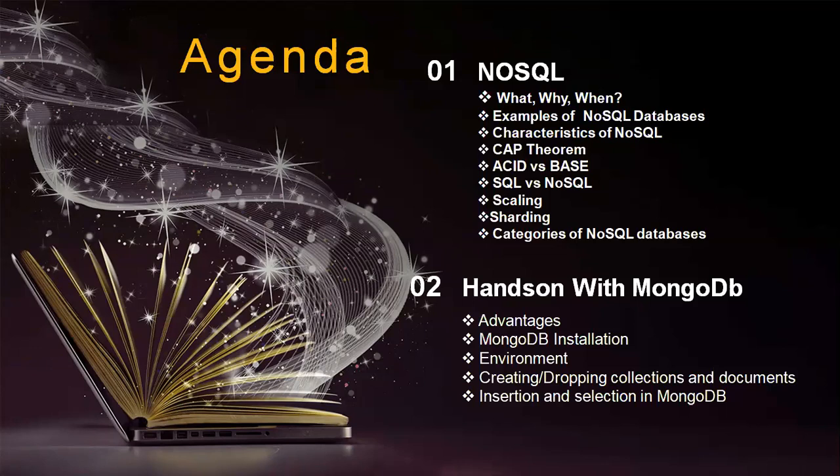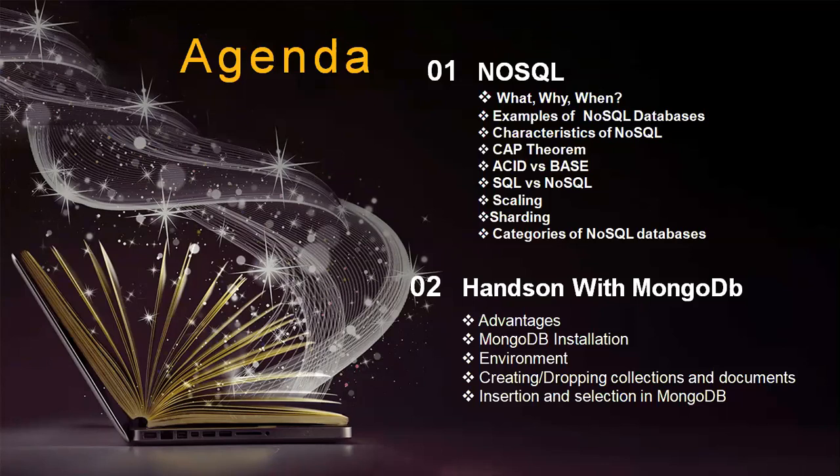After that, we will wind up this first part of the second module with categories of NoSQL databases. Under categories, we will be discussing the types of NoSQL databases like document databases, graph-based databases, wide column, etc. After that, we will move on to hands-on practice with MongoDB.